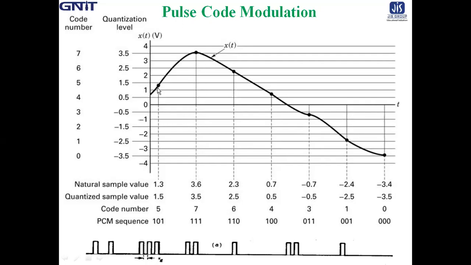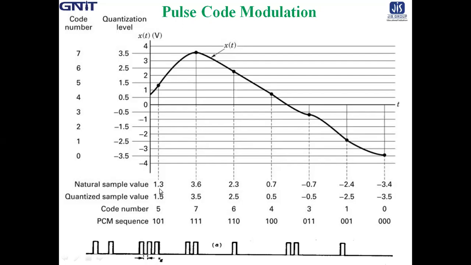Now, first we take the samples. The first sample is here, the second sample here, the third sample is here, then the fourth, fifth, sixth, and seventh. The sample value for the first sample is, say, 1.3, which is above 1 and below 1.5.